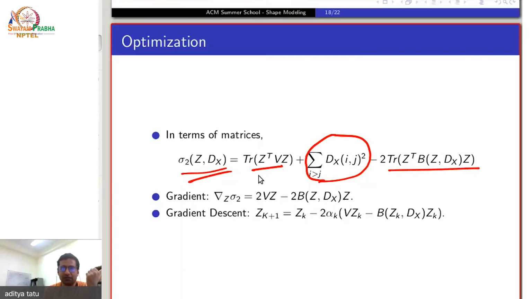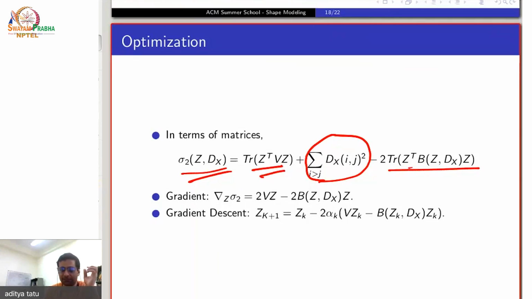Why we did this is because now it's very easy to solve this, right? Because all we have to do is, it's a least squared function, so it is differentiable. It is convex. So you can just differentiate. Sorry, I take back that. It's not a convex function, but at least it's a squared function. You can differentiate this with respect to z.